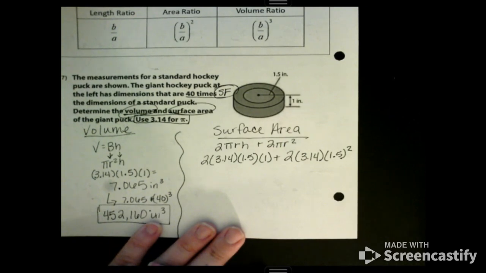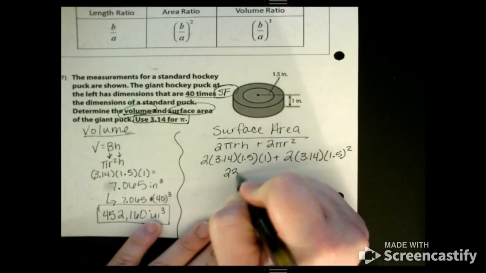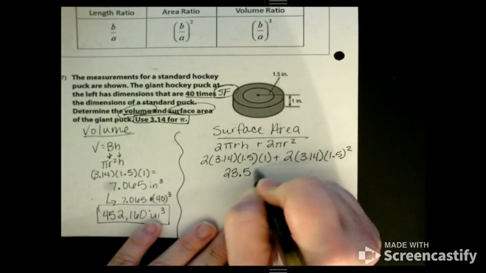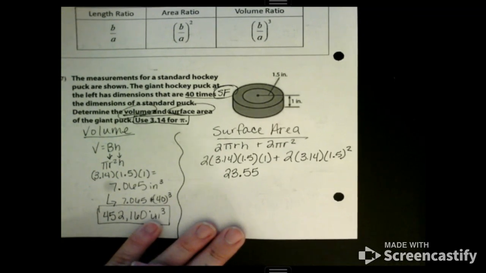Maddox, writing this down? 23.55. Inches squared. I'm not done though.